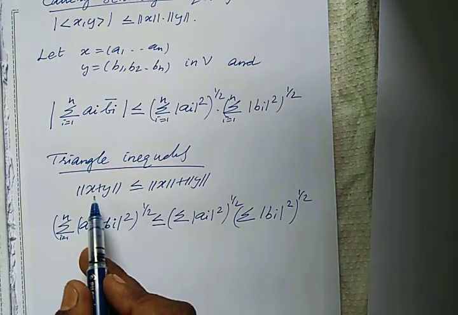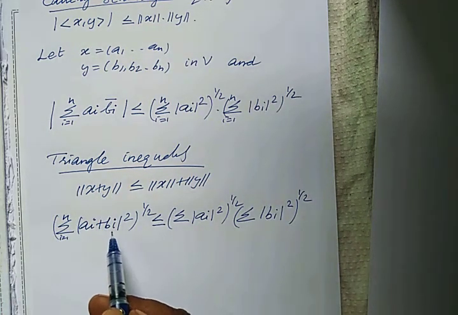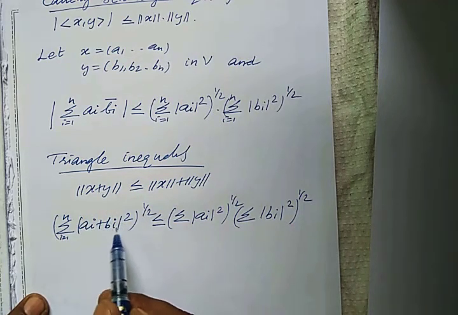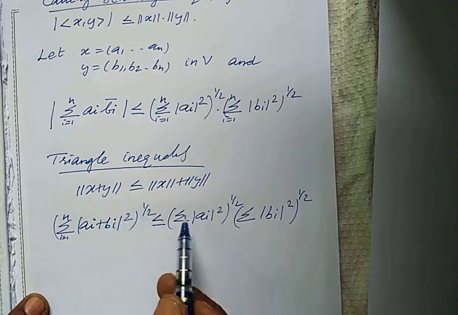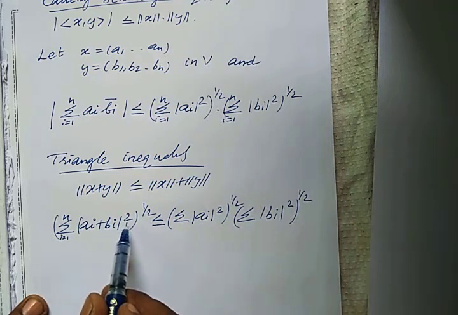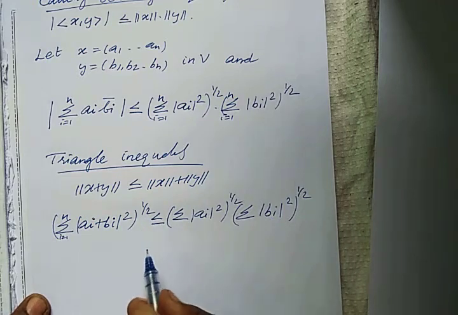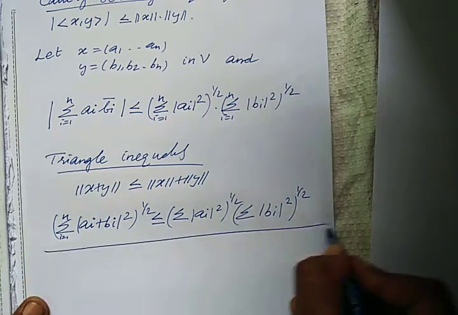Here, instead of x plus y we have ai plus bi. If you take the inner product of x plus y comma x plus y, we will get the modulus square. There is no square here, so the whole to the power 1 by 2. So this is the triangle inequality in Fn.